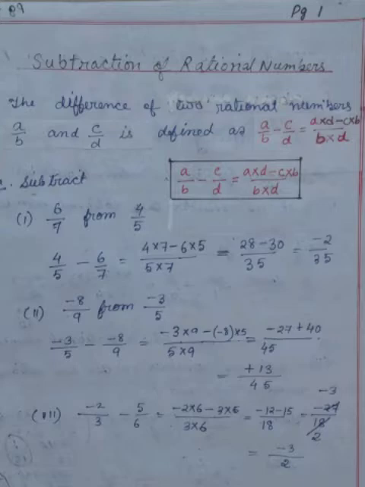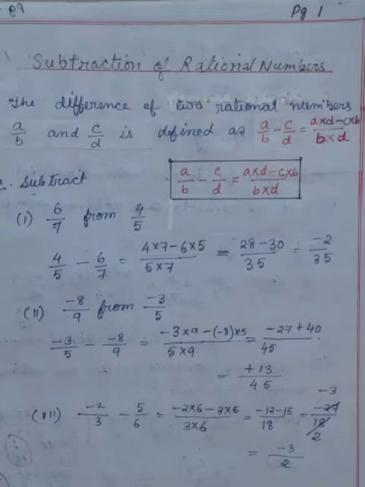In the numerator, we take the numerator of the first rational number into the denominator of the second rational number, minus the numerator of the second rational number into the denominator of the first rational number, divided by the multiplication of the denominators of the rational numbers.